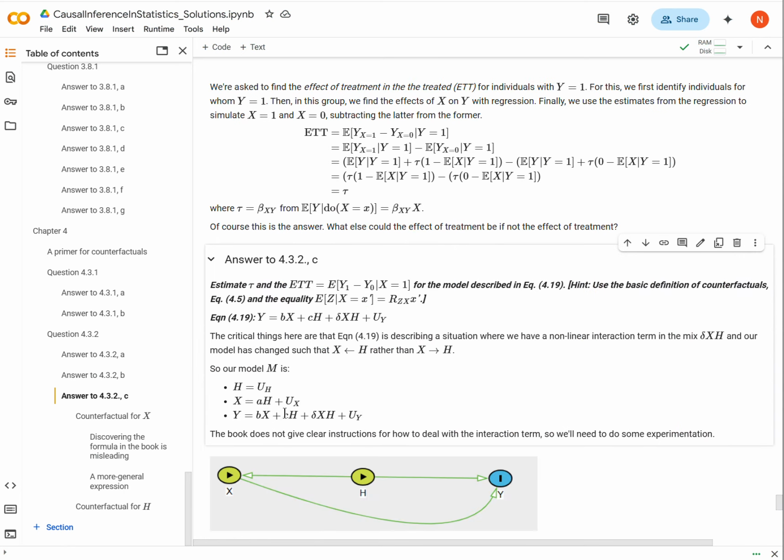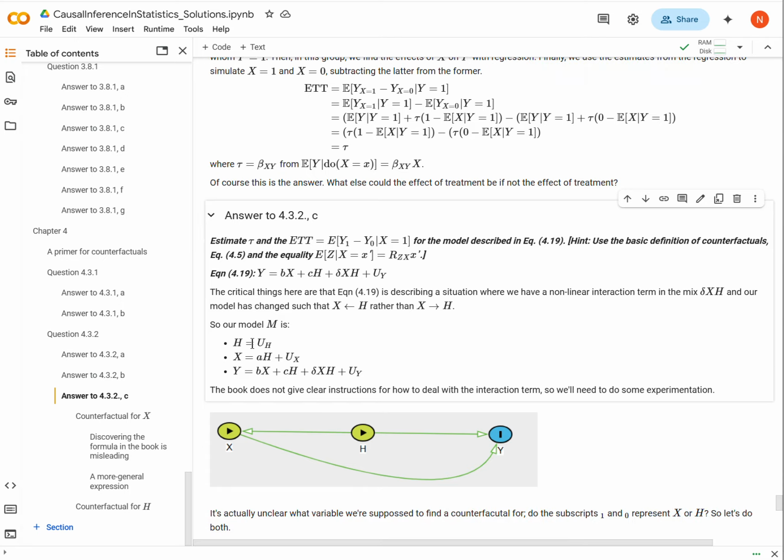Let's make this a little more concrete. Our DAG now looks roughly like this. I don't have the A, B, C in there, and because we've flipped the direction of the XH arrow, H is now just U of H, and X is a function of H. Now Y has an interaction term, delta, which is the coefficient on XH.